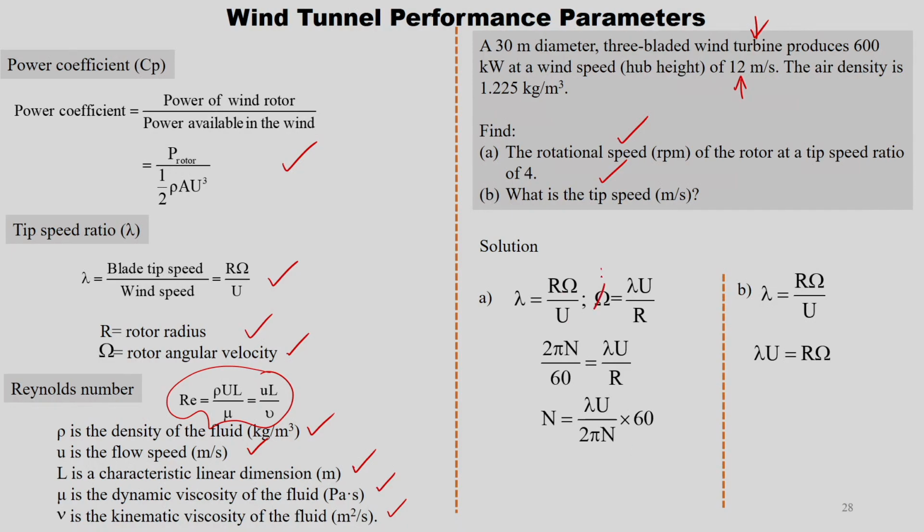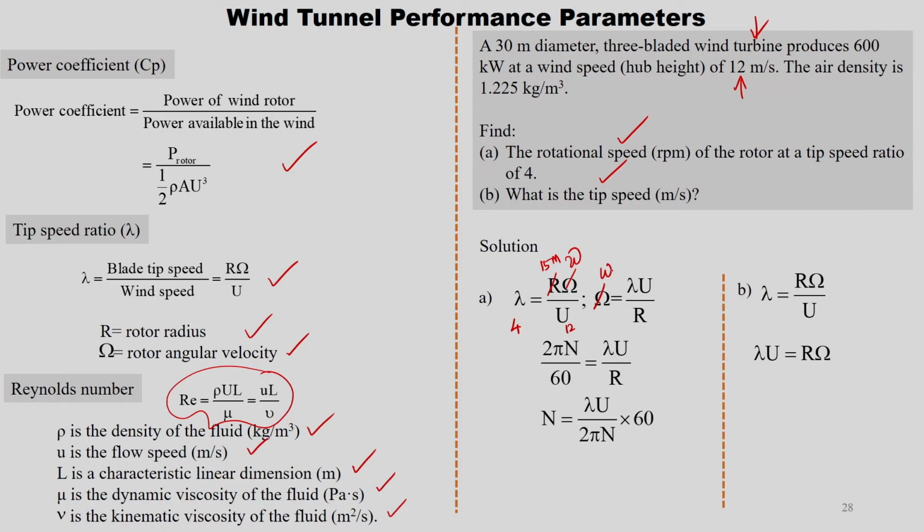So, omega can be used this way as well. Again the notation different books follow, you need not get confused. Here lambda is given as 4, and r is also given because here the diameter is 30 meter. So, r is nothing but 15 meter, and u is given at the wind speed of 12 meter per second.